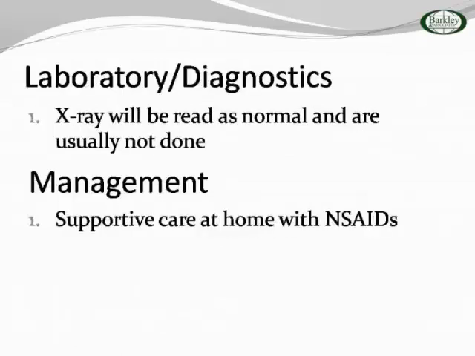X-ray may be read as normal and usually not done. It depends on this, and sometimes just good old supportive care. But you want to make sure that the joint has been protected. NSAIDs can be utilized for them. Remember, we can give ibuprofen as young as 6 months. So that was a kind of unique chapter with some very unique pediatric considerations, and that's going to bring us to neuro.